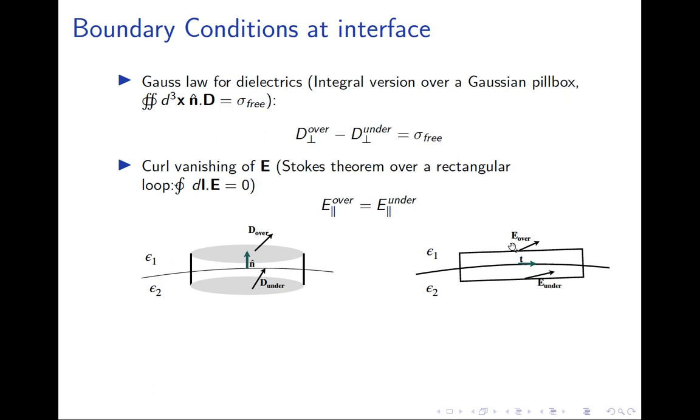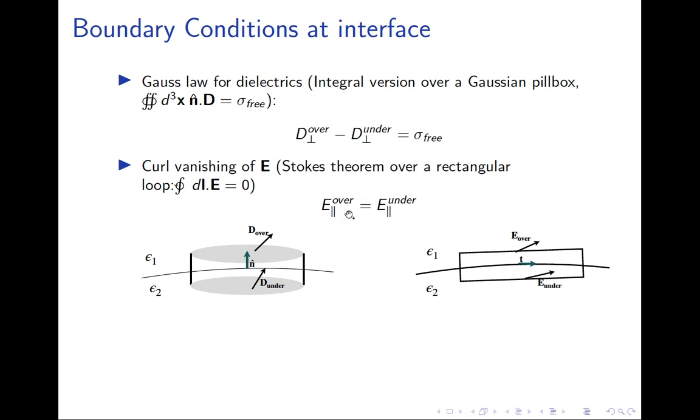That's why you get a minus here. So you will have E over minus E under equals 0, the parallel components. A line integral always means, as you know, the component parallel to the line segment or the loop element. We cannot say anything about the normal component of E, but we can definitely say something about the parallel component of E, which is parallel to the boundary.